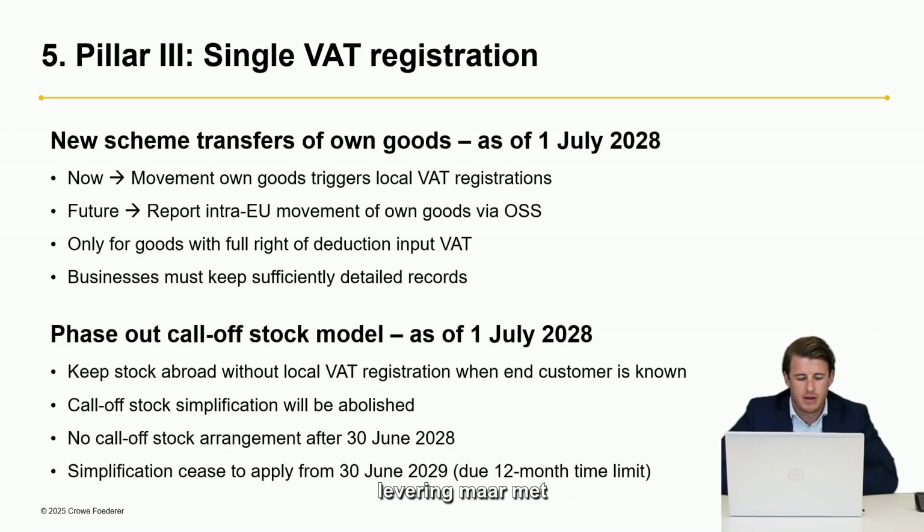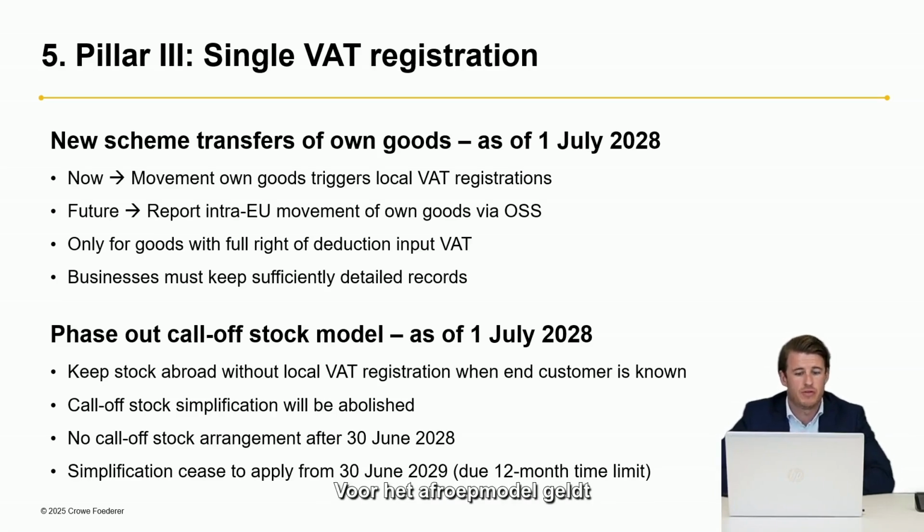But this current call-off stock model will become redundant as a result of the new OSS scheme for the transfer of own goods. Therefore the call-off stock model will be abolished from 1 July 2028. That means that after 30 June 2028, businesses cannot make new transfer of stock supplies under the EU call-off stock model.